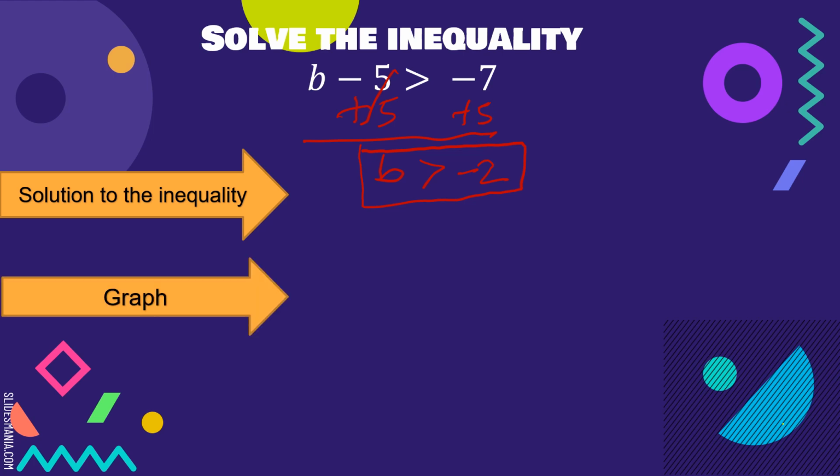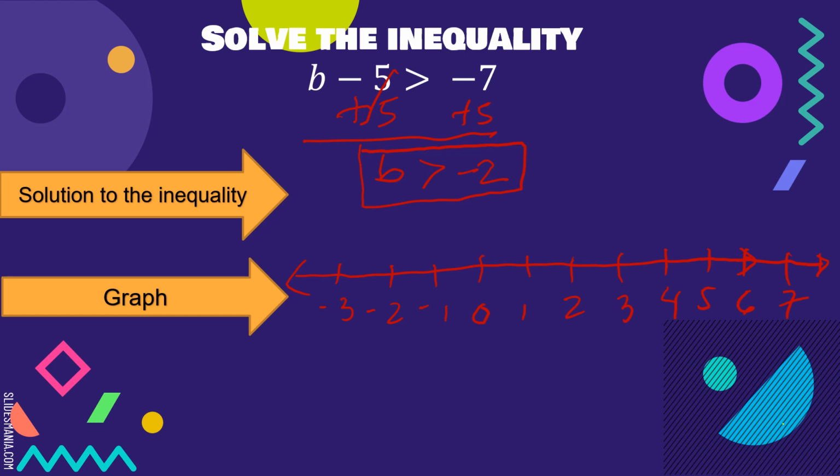And then we are going to graph this one. So we'll start with negative 3, negative 2, negative 1, 0, 1, 2, 3, 4, 5, 6, and if we extend this one, we can reach up to 7.